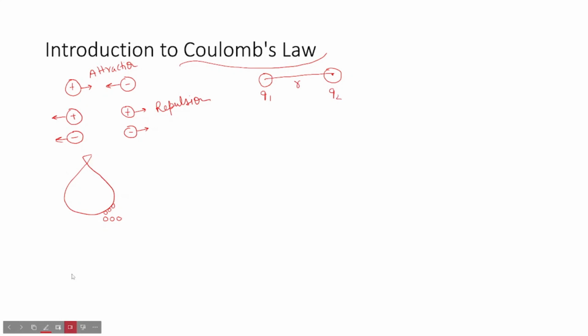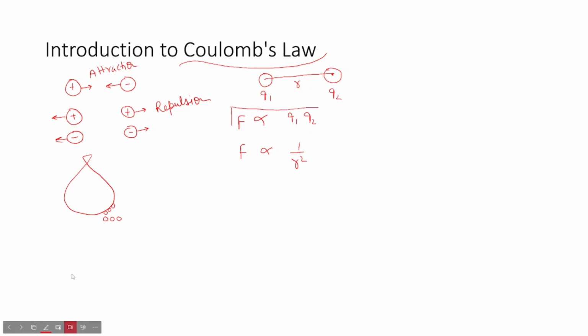Now, according to Coulomb's law, the force of attraction or repulsion between the two charges is directly proportional to the product of charges and inversely proportional to the square of the distance between them.